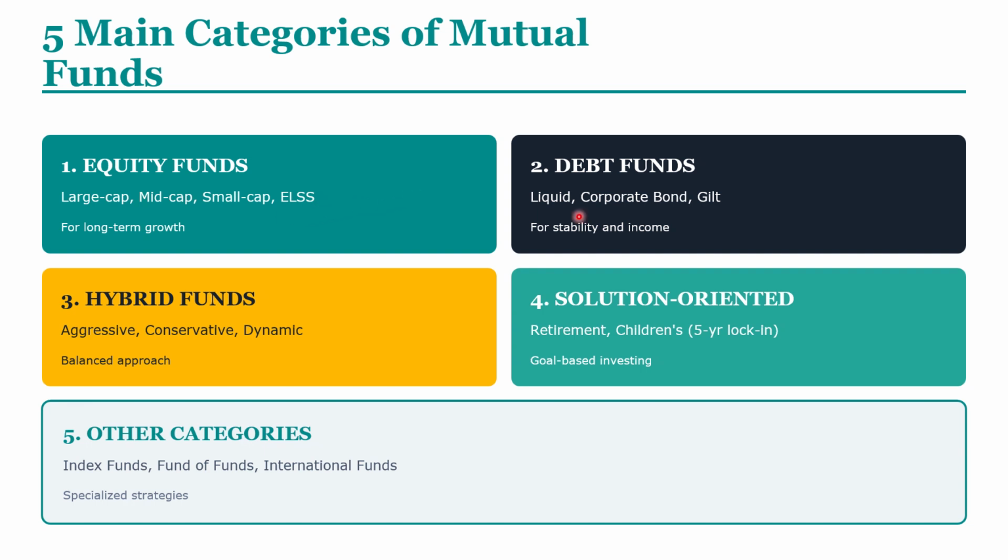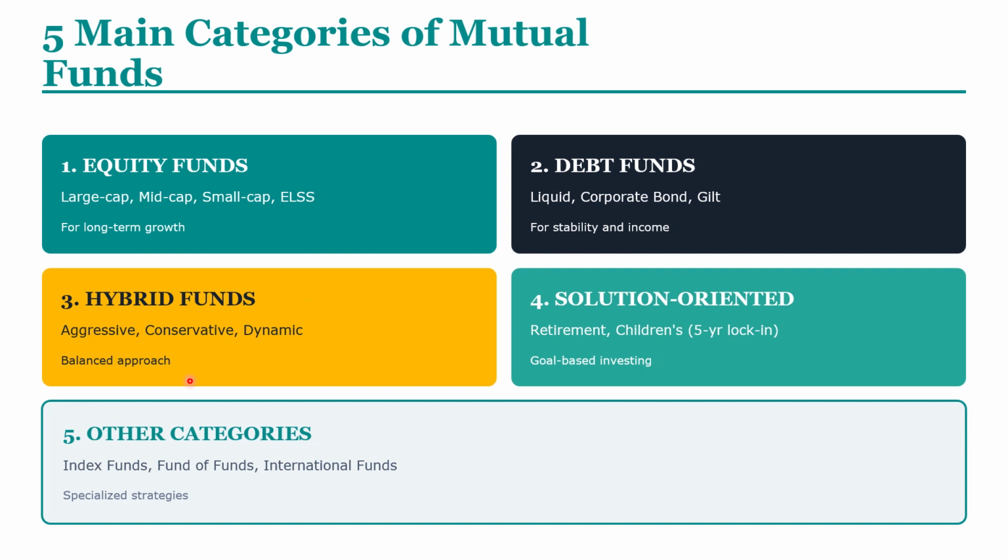In debt funds, the amount will be invested in liquid funds, corporate bonds or gilt, meaning government bonds. This is for stability and income. If you want long-term growth, then go with equity funds. If you want stability and income, go with debt funds.